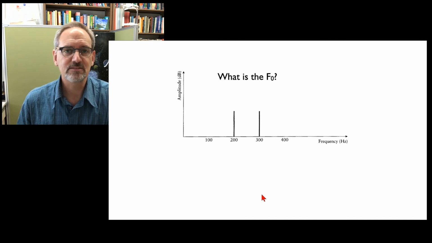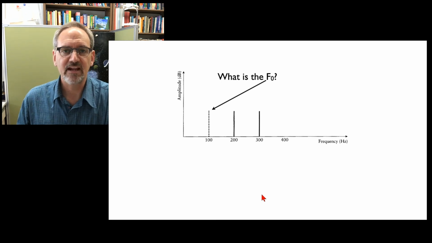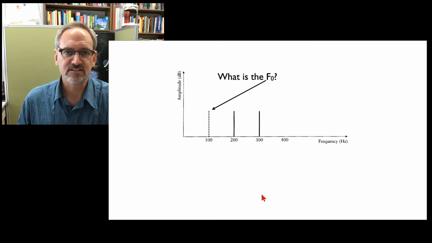And the only way that's possible is if there's a lower harmonic that isn't actually part of the components. The actual fundamental frequency is 100 hertz, even though it's made up of simple vibrations that are higher than that, which is consistent with what we saw before.